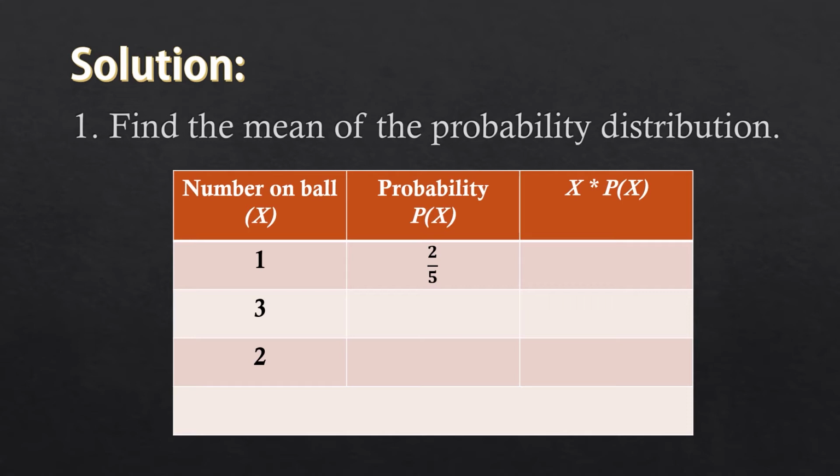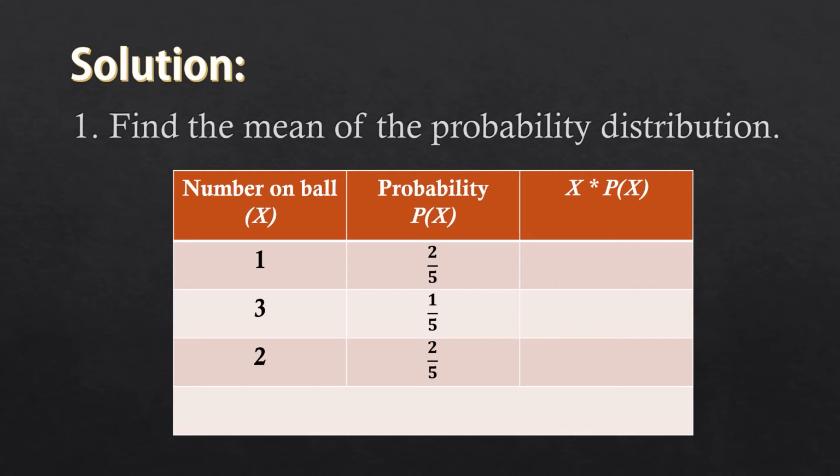For number 3, there is only one ball, so the probability is equal to 1 over 5. And lastly, for the balls with number 2, we have 2 balls, so the probability is equal to 2 over 5.